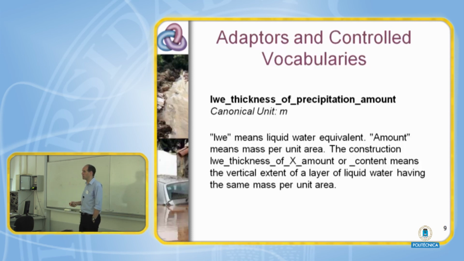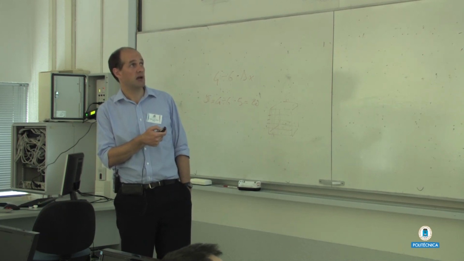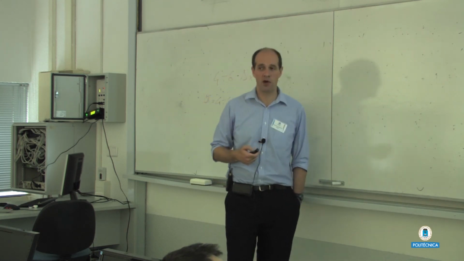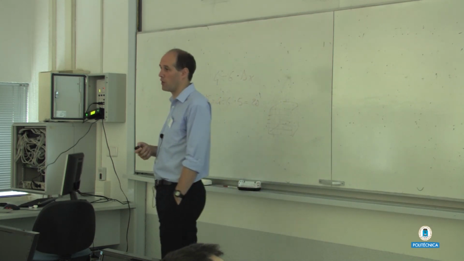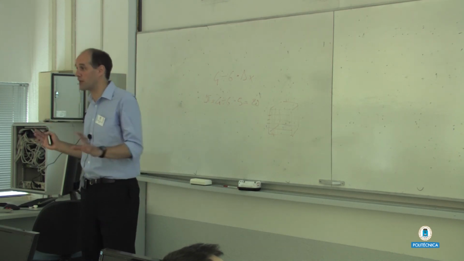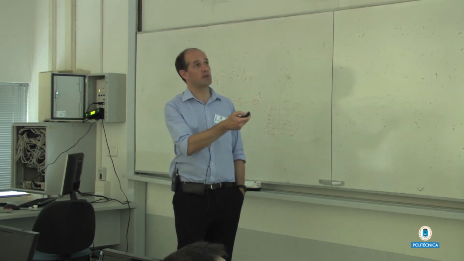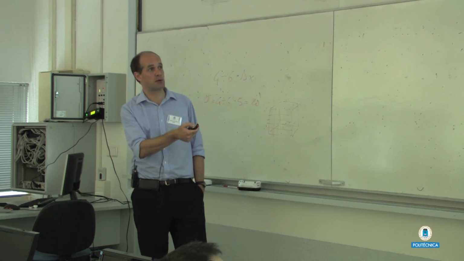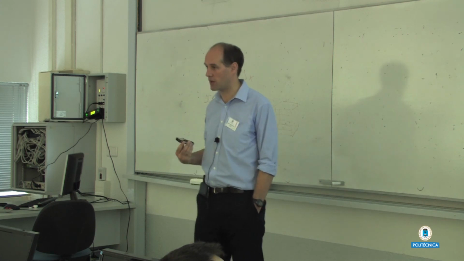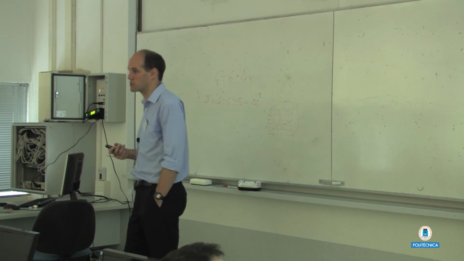We're looking for meteorological models to give us output in this parameter here, liquid water equivalent, thickness of precipitation amount. To my surprise, rainfall, as far as a meteorologist is concerned, is measured in meters. But I guess there's a reason for that. I'm not going to ask about those details. So there is the definition of LWE, thickness of precipitation amount, and for many years now meteorologists have used this controlled vocabulary for talking amongst themselves, for describing the parameters of meteorological models.